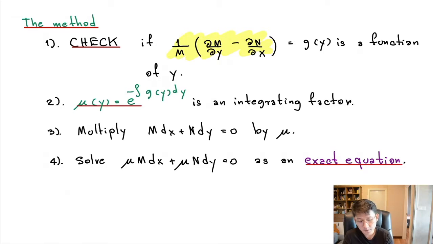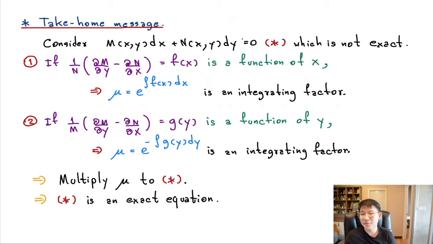Okay, take home message. I know, guys, there are lots of things to learn in this course. This is just the first chapter, and we already have lots of forms, right? We have separable, we have homogeneous, we have when the coefficients are linear, linear equations, and we have exact equations.